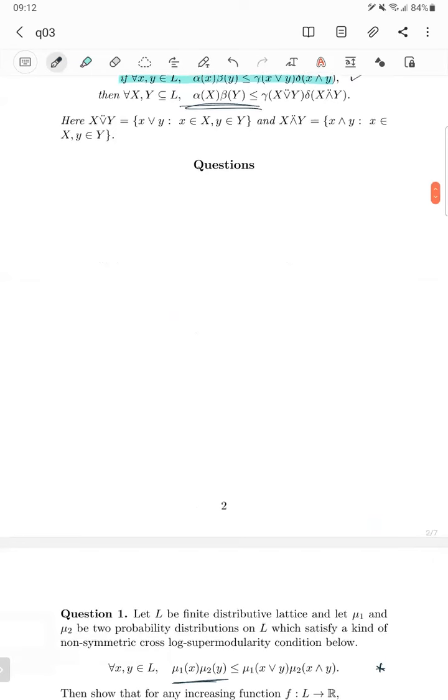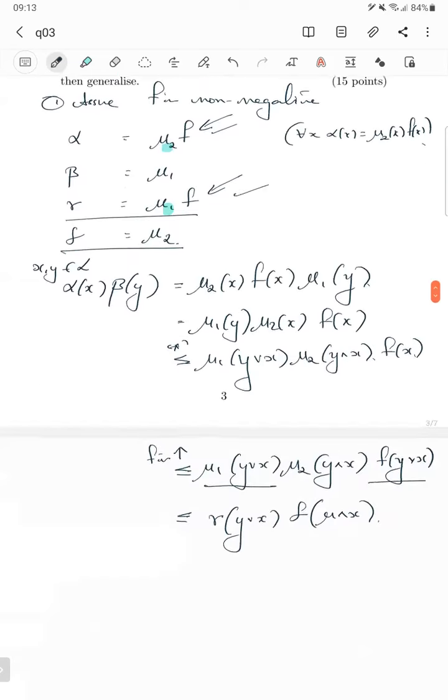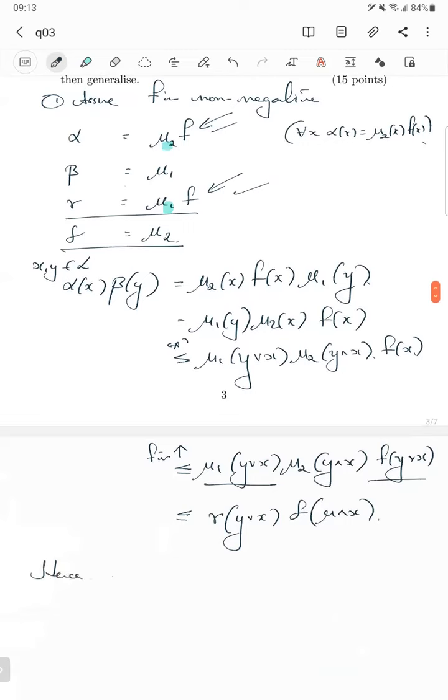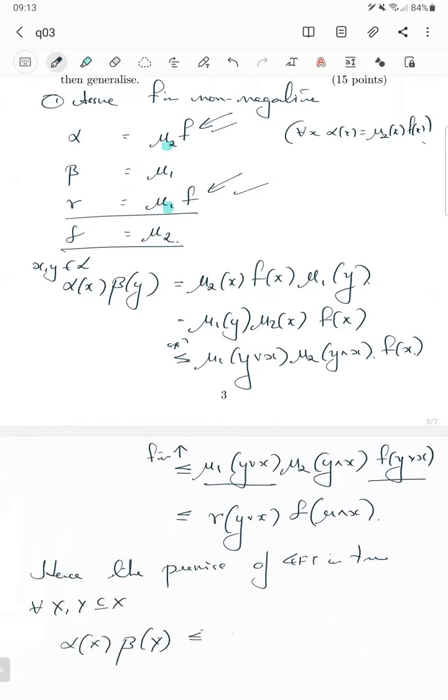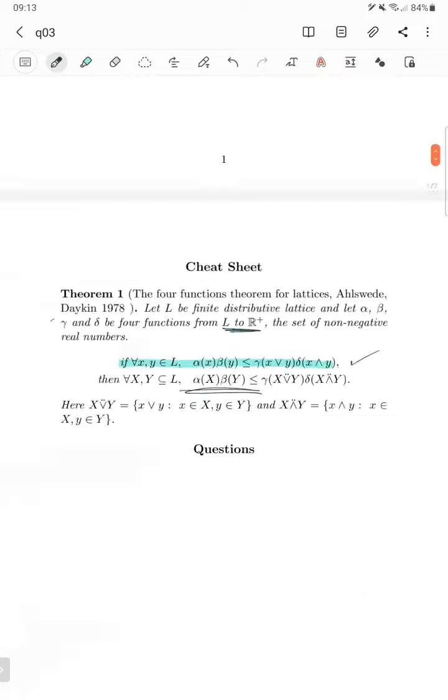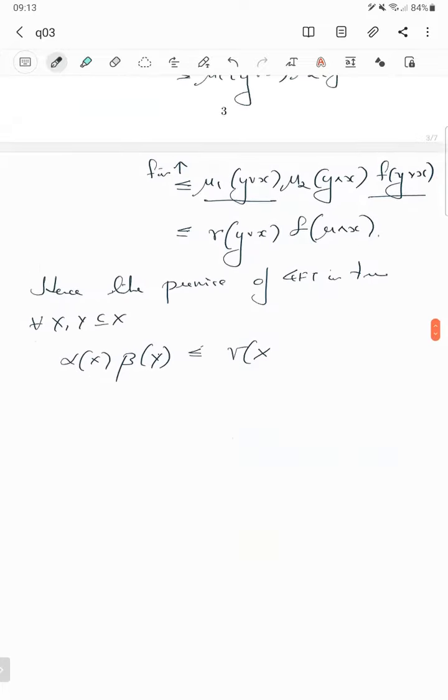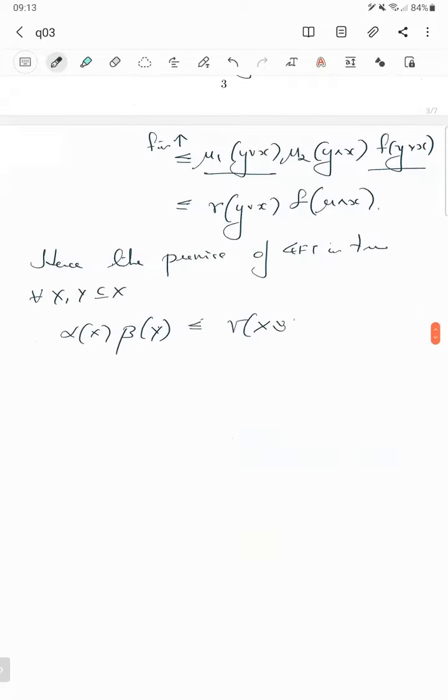Apply the conclusion of this, hence the hypothesis or the premise of the four functions theorem is true. Hence, for all x, y subset of the lattice, I can say alpha(x) beta(y) is less than or equal to gamma(x or y) delta(x and y).